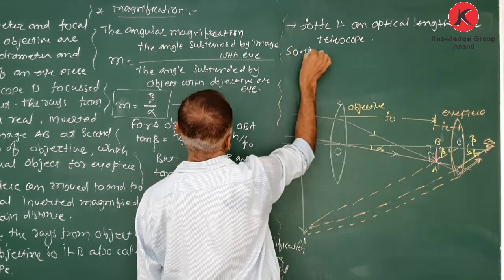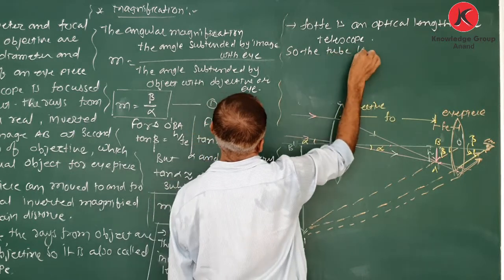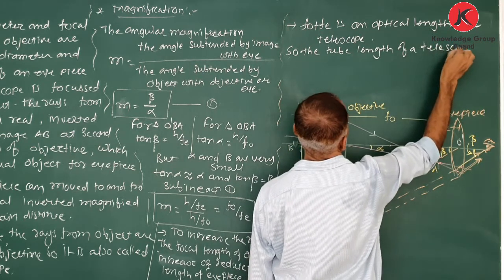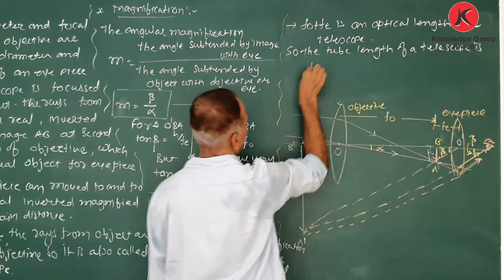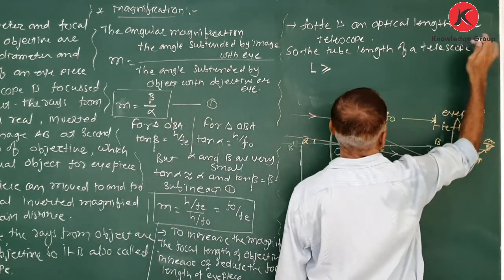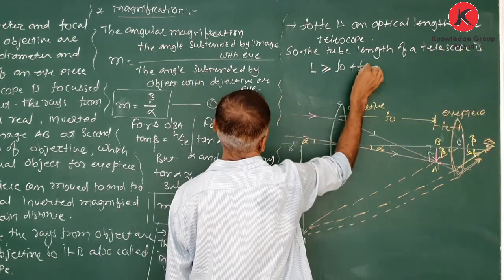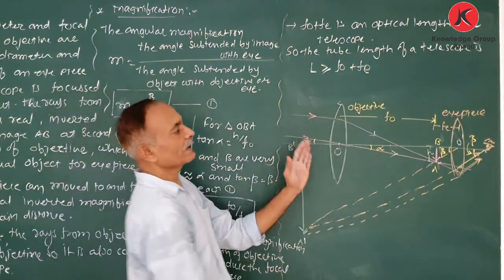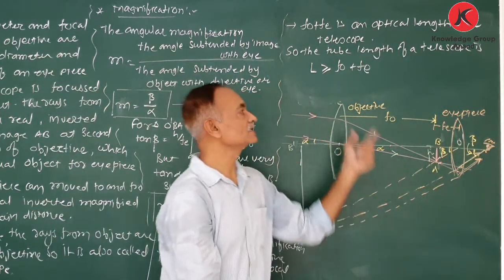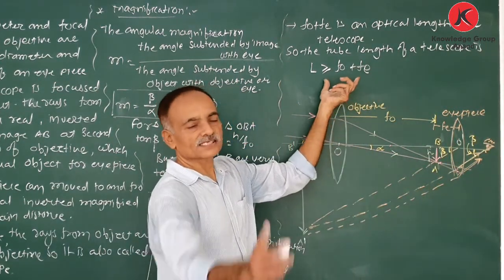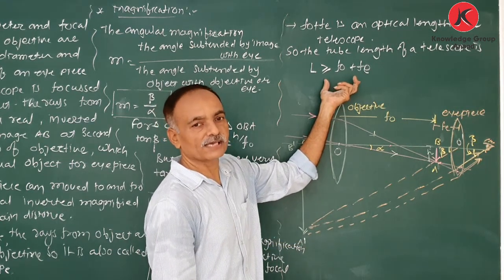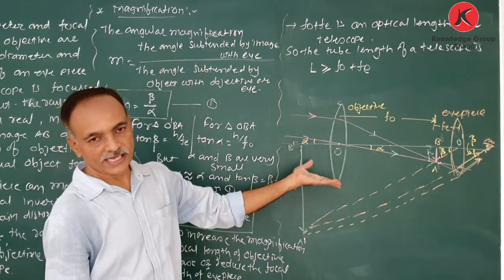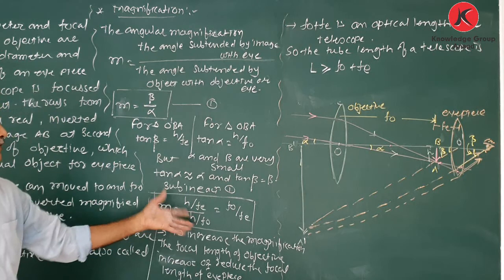So the tube length of a telescope is L greater than or equal to Fo plus Fe. That means the distance between the two lenses is always greater than or equal to Fo plus Fe. So this is the astronomical telescope, its ray diagram, its construction, and also the magnification.